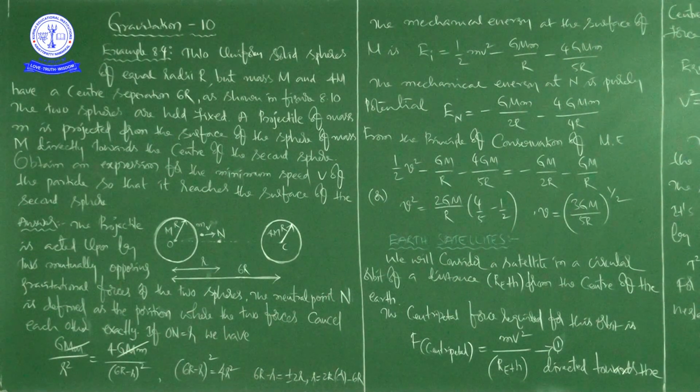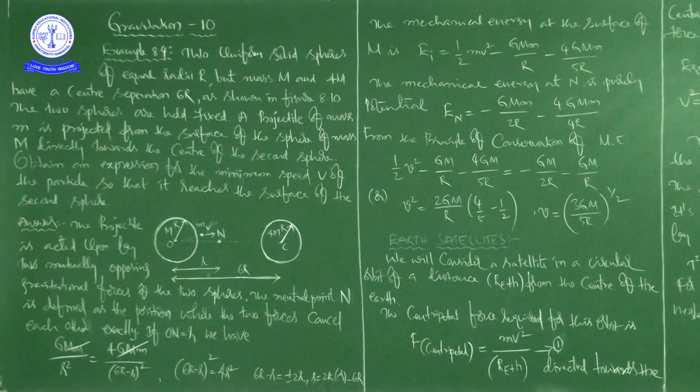The neutral point capital N is defined as the position where the two forces cancel each other exactly. Please try to understand the information I am giving.